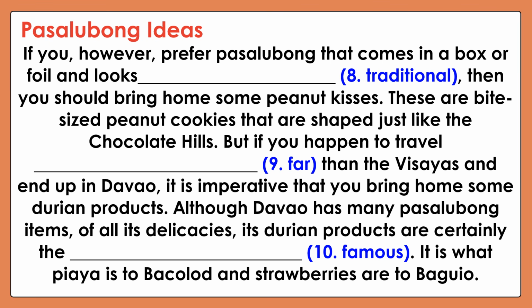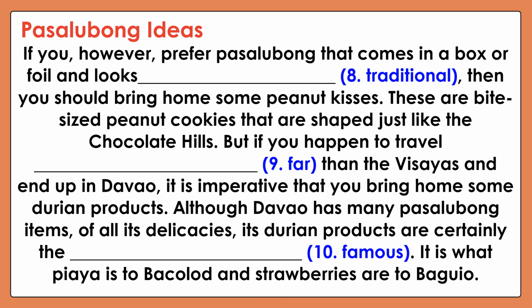If you, however, prefer pasalubong that comes in a box or foil and looks blank, traditional, then you should bring home some peanut kisses. These are bite-sized peanut cookies that are shaped like the chocolate hills.